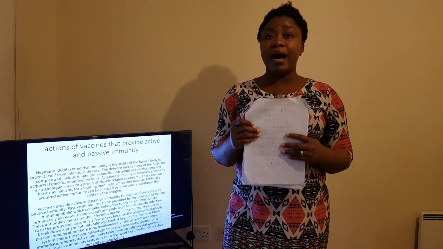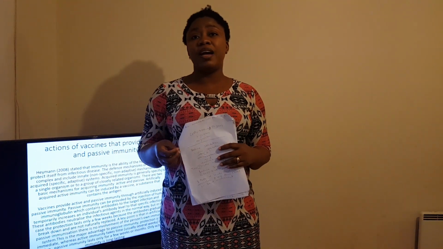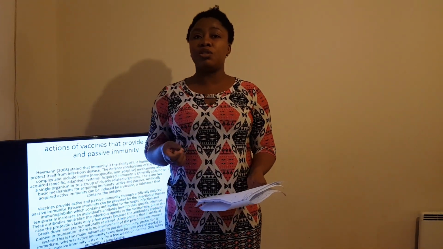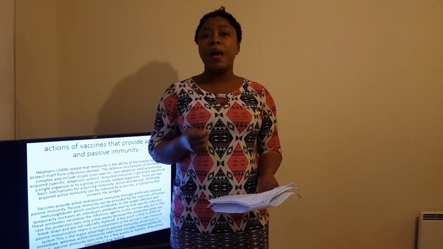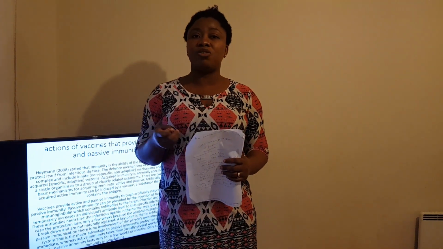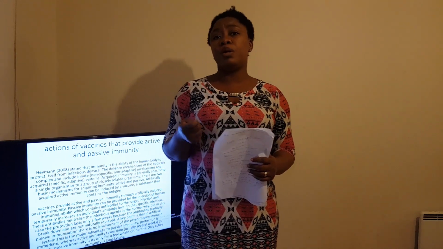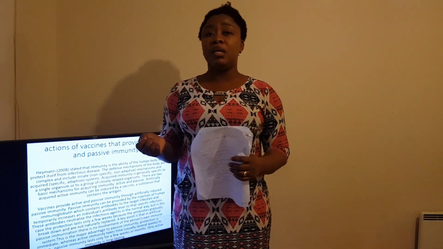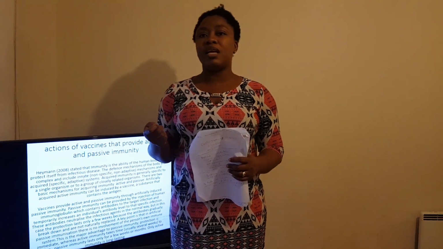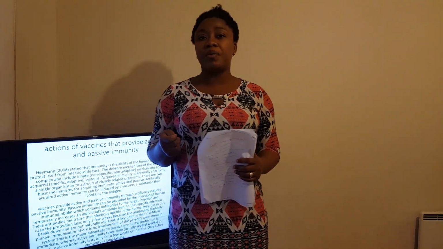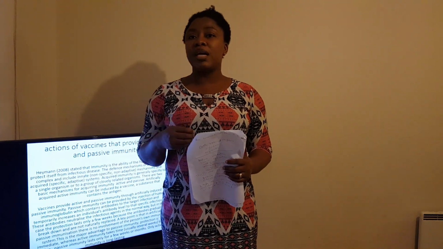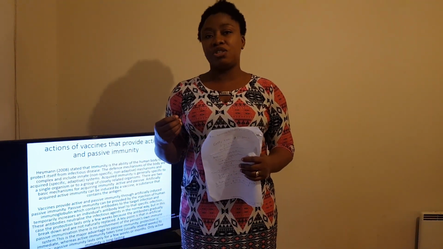Vaccines provide active immunity, while passive immunity is artificially induced. Passive immunity can be provided by the injection of human immunoglobulin, which contains antibodies to the target infection and temporarily increases an individual's antibody level to that specific infection.